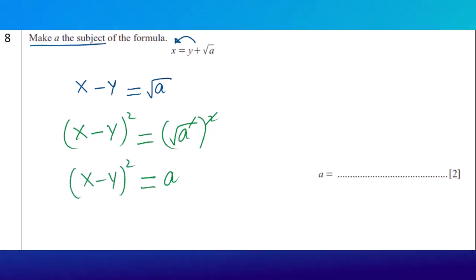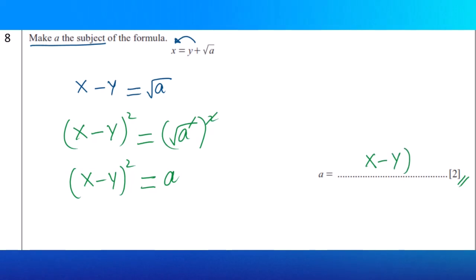This is the final answer. If you want to open the bracket x minus y whole square, you can, but I don't think you need to, because for 2 marks, the requirement is just to make A the subject. So we already separated A. You can write it in this way.